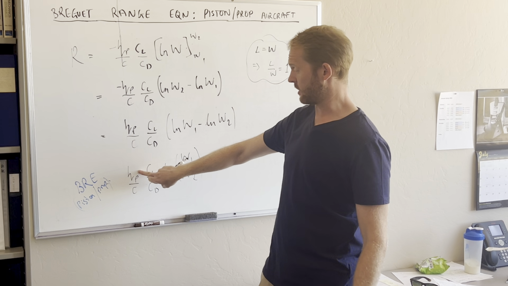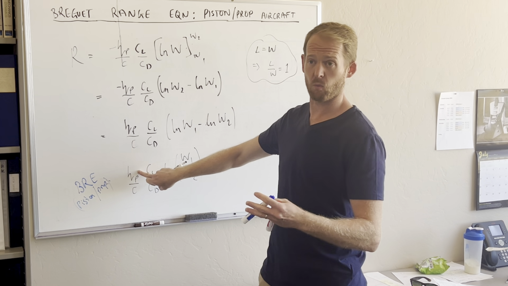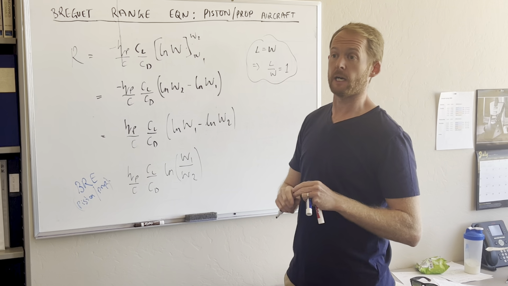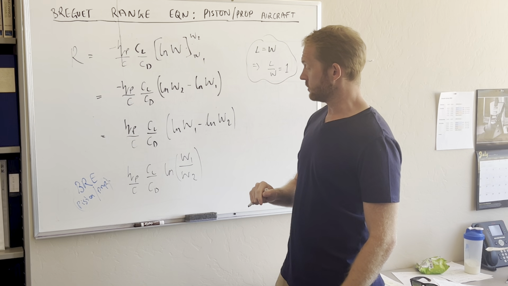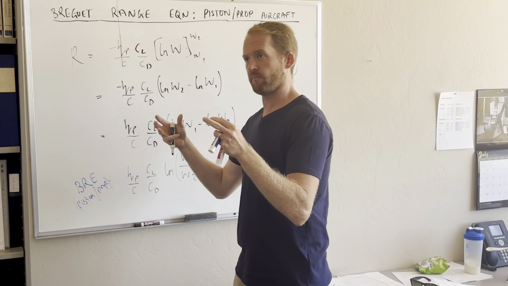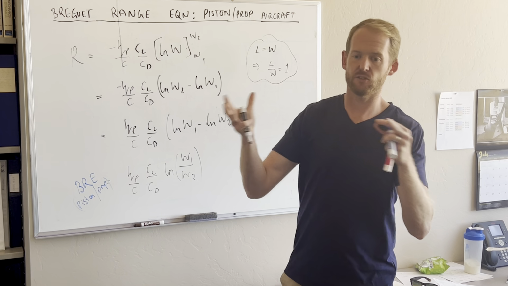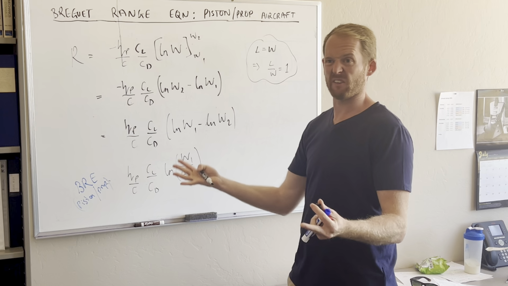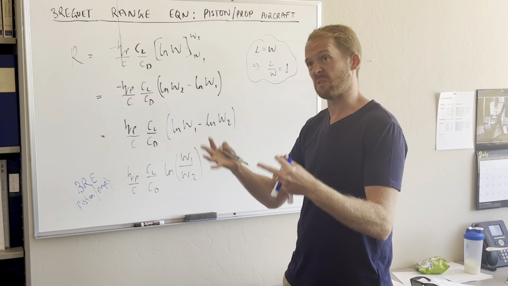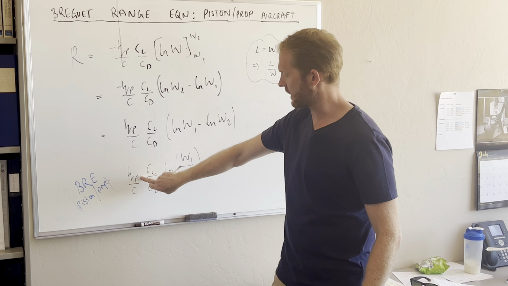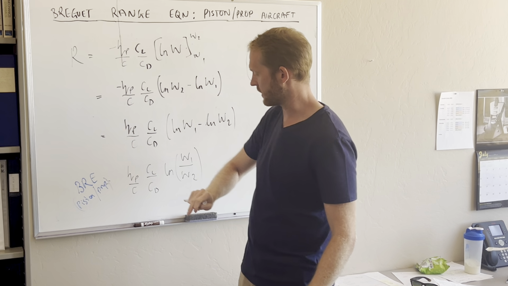So remember, this is a number between 0 and 1, hopefully closer to 1 than 0, right? Describing how good our propeller is at converting power from the piston engine into thrust. So a good number for that is probably somewhere in the order of maybe 0.7 to 0.85. So we need to maximize our propeller efficiency factor for maximum range.